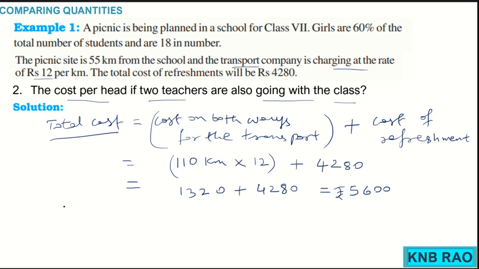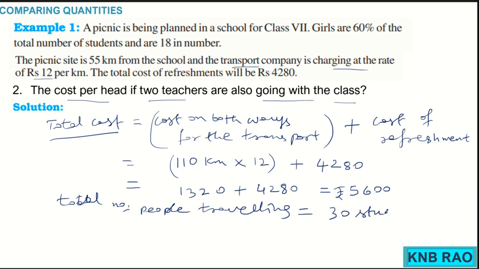Now the total number of people traveling is 30 students plus 2 teachers who are joining. So that means a total of 32 are traveling.